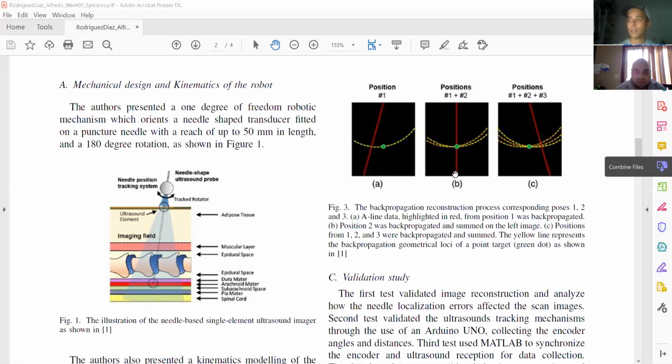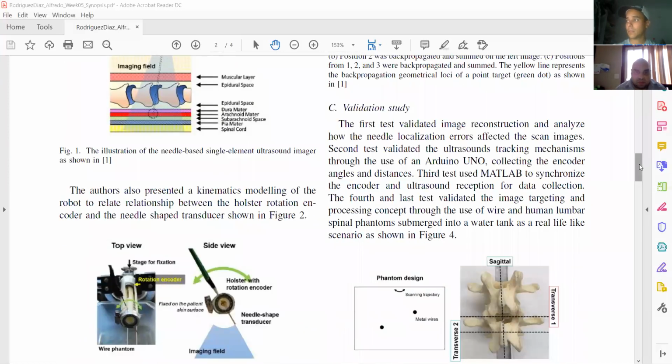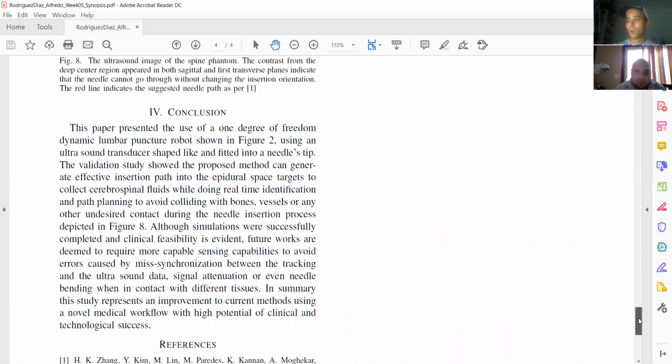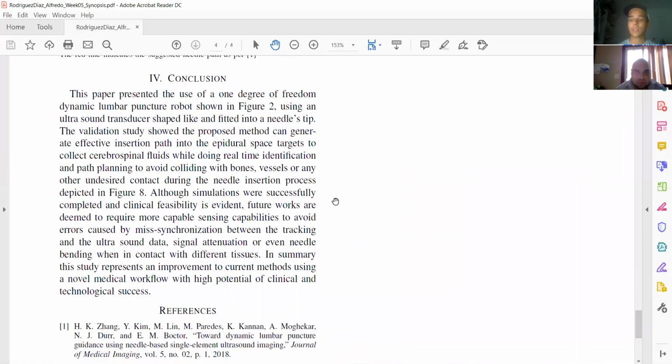So at the end, they highlighted the opportunity to use more sensitive encoders, so that any movement or deviation from the original path can be captured, and therefore the image reconstruction can be of higher resolution.